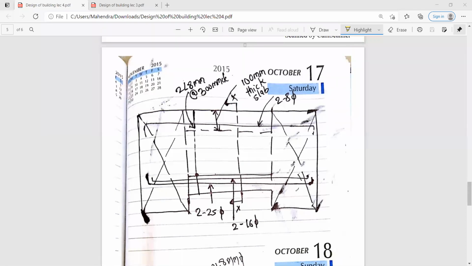They are asking you only beam and slab design. Yes, column design is also there in your syllabus, but okay, we'll take one sum on the column design also.